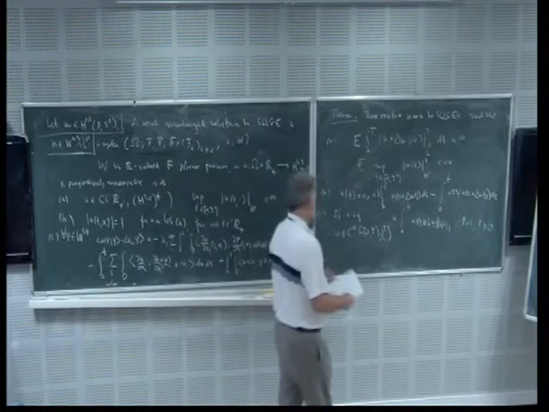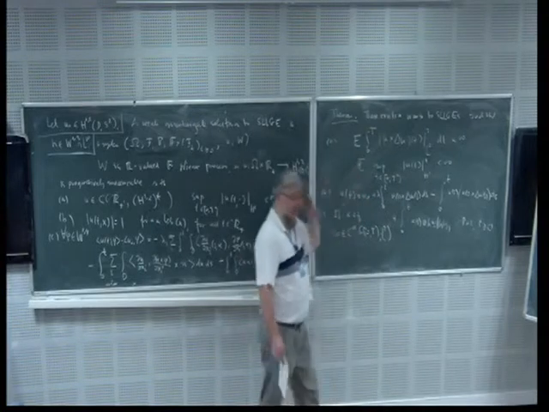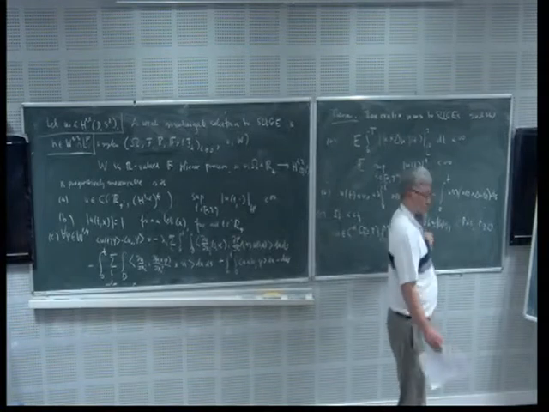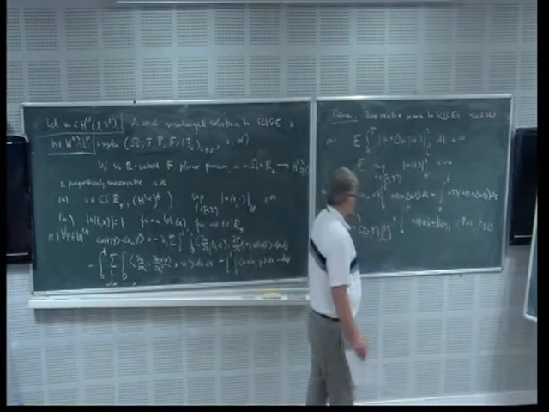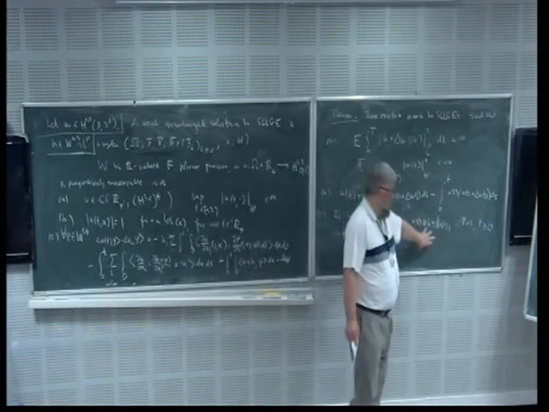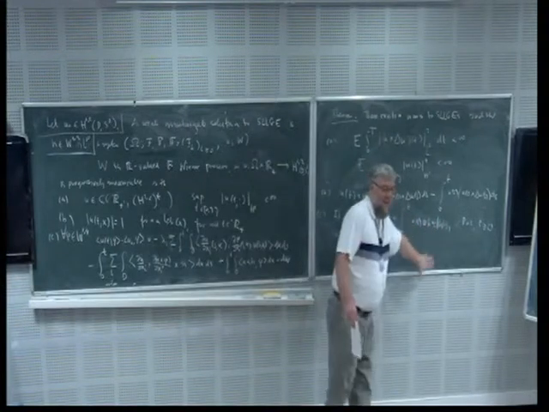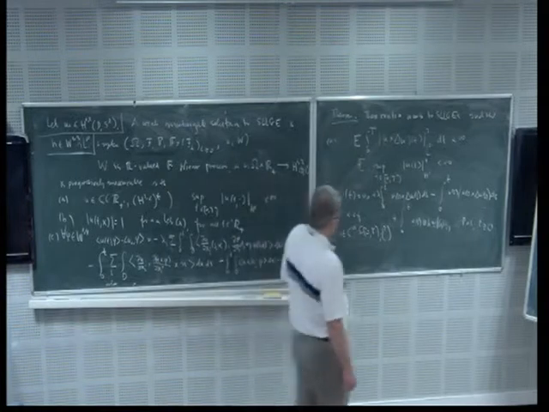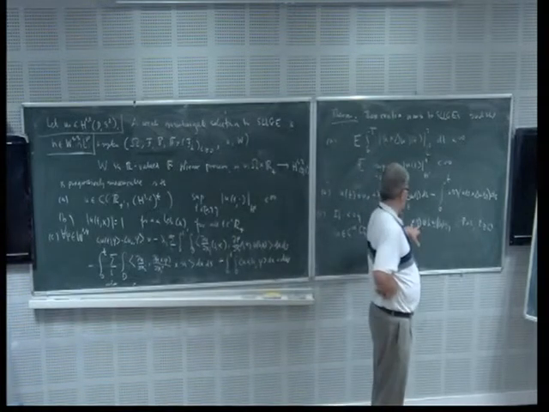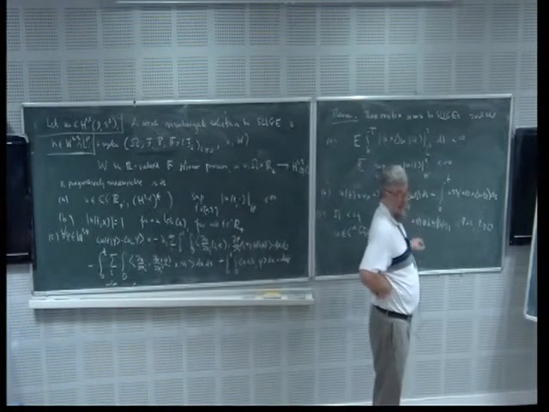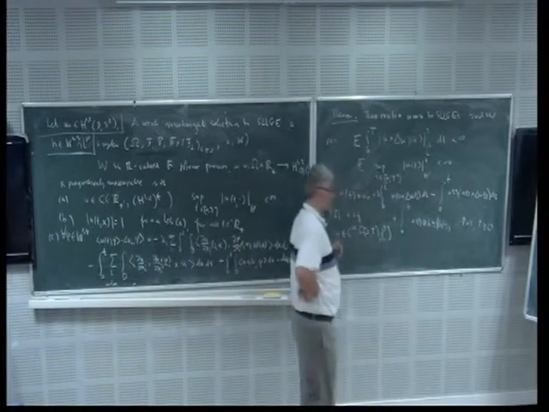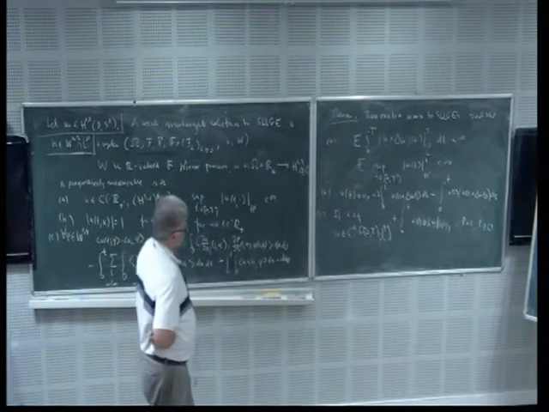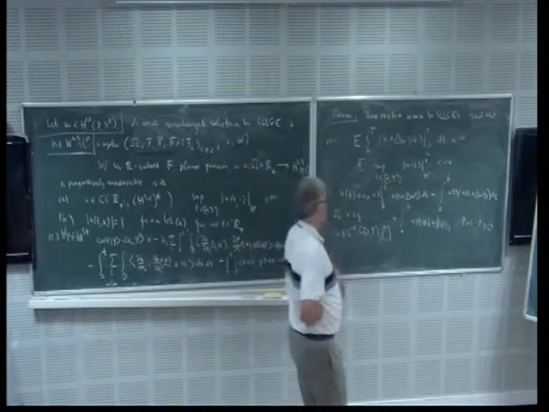A comment is that we can't really have alpha bigger than 1/2 because of the presence of this term. Unless it's 0, this term will always be at most Hölder continuous with exponent less than 1/2. So this is a theorem, okay?